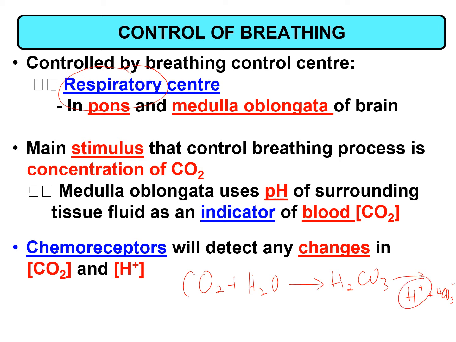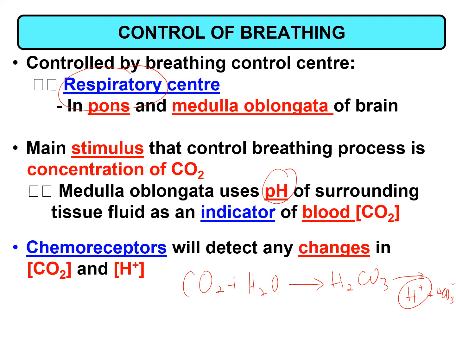The more carbon dioxide dissolved in water, the more protons will be available in our blood. The increase of hydrogen ion concentration will decrease the pH of our blood. So the medulla oblongata will use these changes of pH to indicate the carbon dioxide concentration in blood.